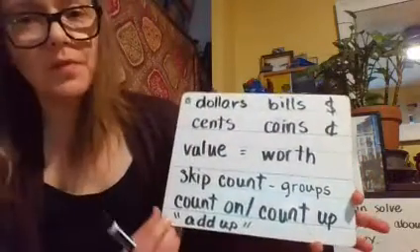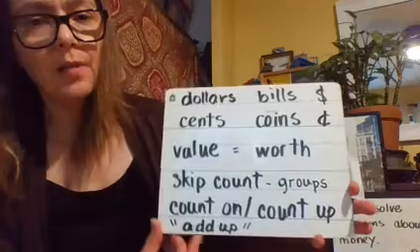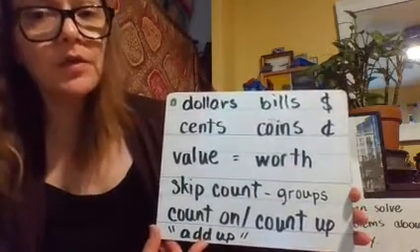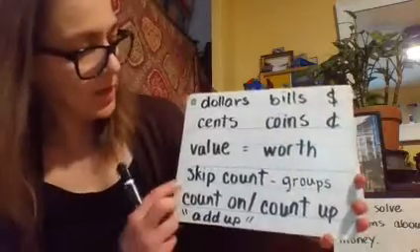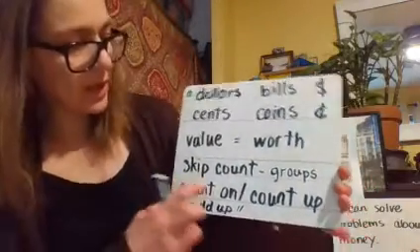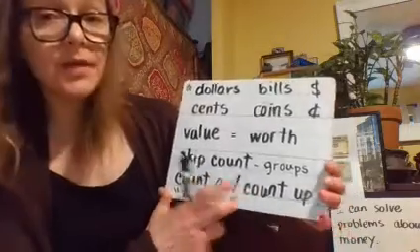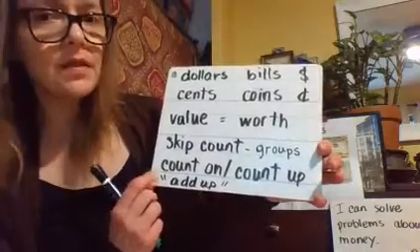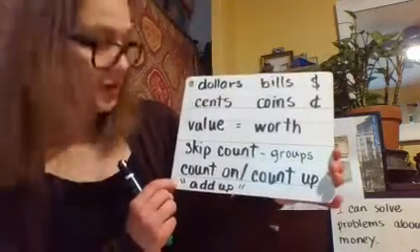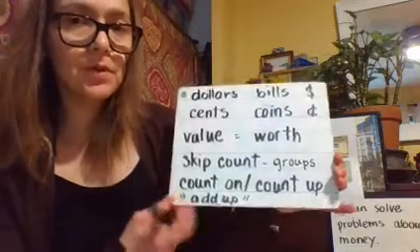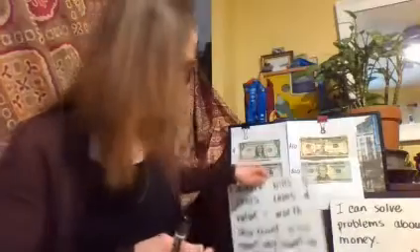Value means how much something is worth, how much each cent or each dollar, each coin or each bill is worth. And then skip count, which is when we count in groups. And then count on, and that's the same as counting up. And I'm noticing that in this lesson, they also refer to it as add up, which is new. But I wanted to bring that to your attention. Put the vocabulary here.